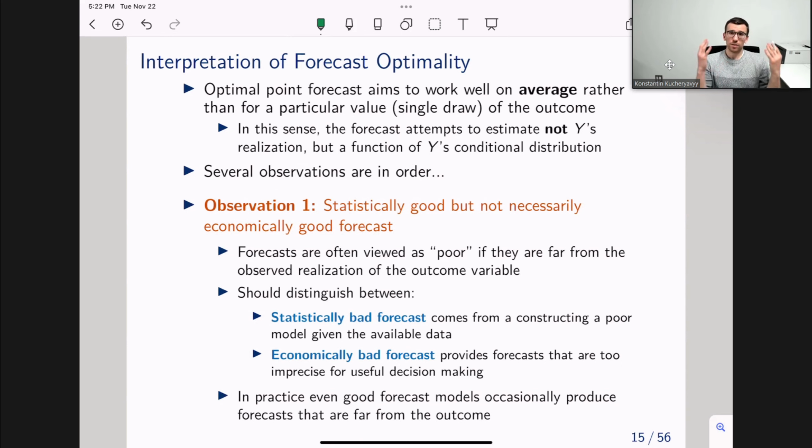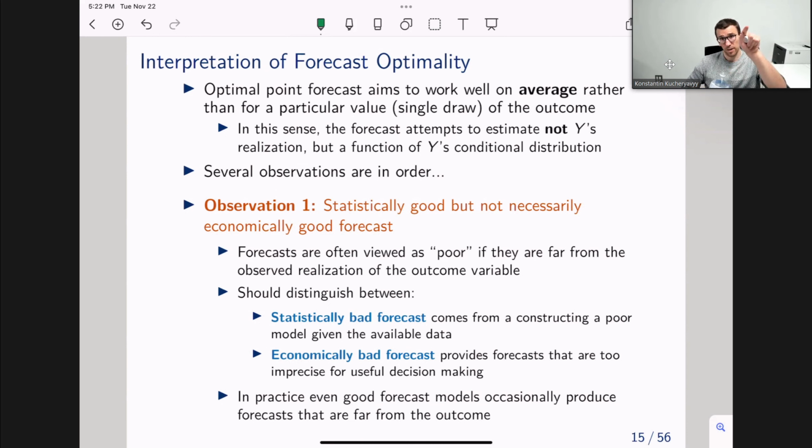I think this is what all of us think about when we think about forecasts and how good they are. We usually think about how good they are in terms of how useful they are.